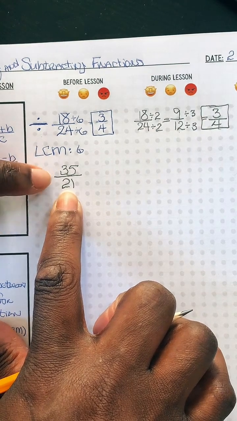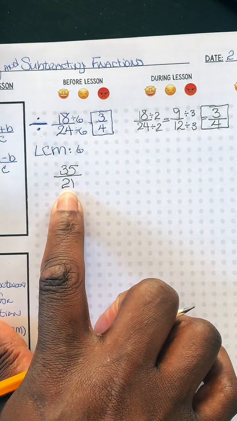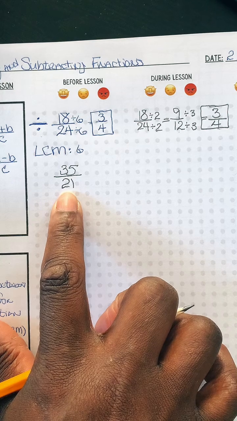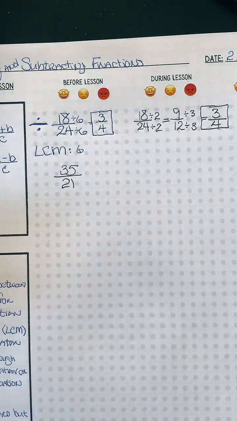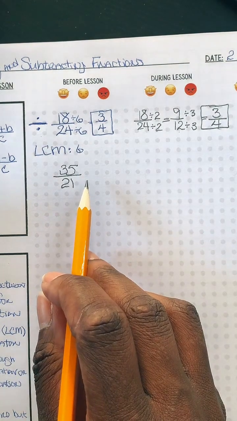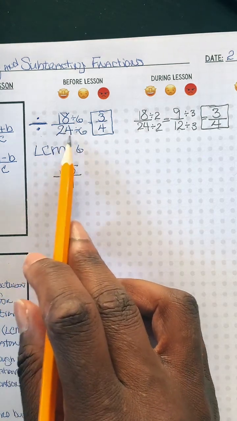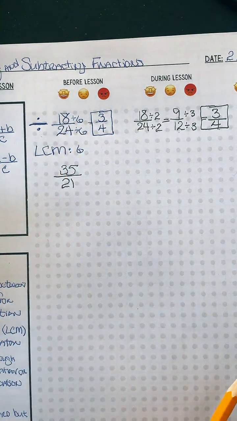But we can reduce this before we tackle it. Instead of the LCM, isn't it the GCF? The GCF is the greatest common factor. Sometimes, like for 24 and 18, it's going to be my largest number.